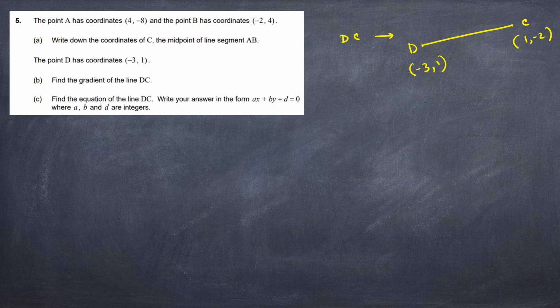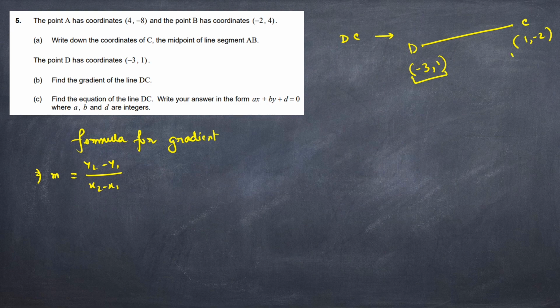The formula for gradient m is y2 minus y1 divided by x2 minus x1.